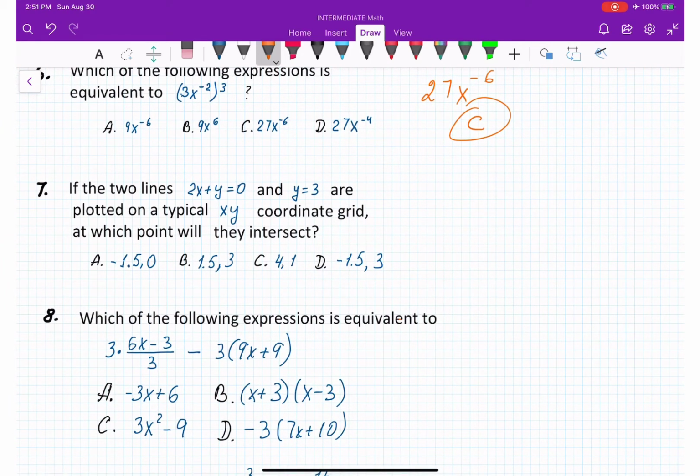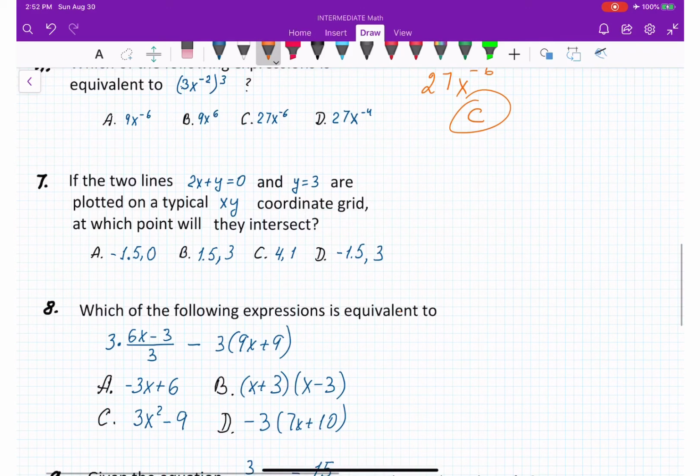Number 7 is interesting. There are two ways, and since it's asking about the coordinate grid, most likely I'm going to solve by graphing. Otherwise, you can solve it algebraically as a system of equations. Well, okay, since I mentioned it, let me do it both ways. 2x plus y is equal to 0, y is equal to 3.